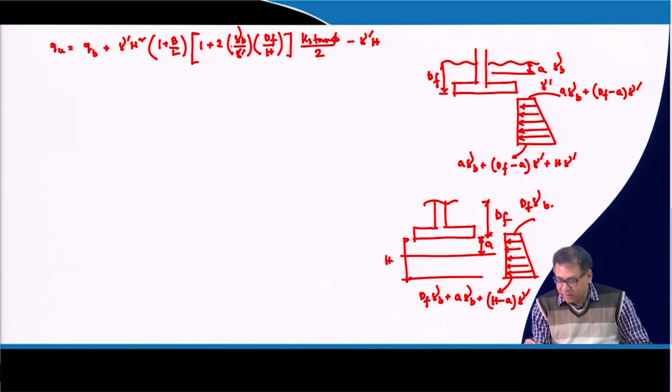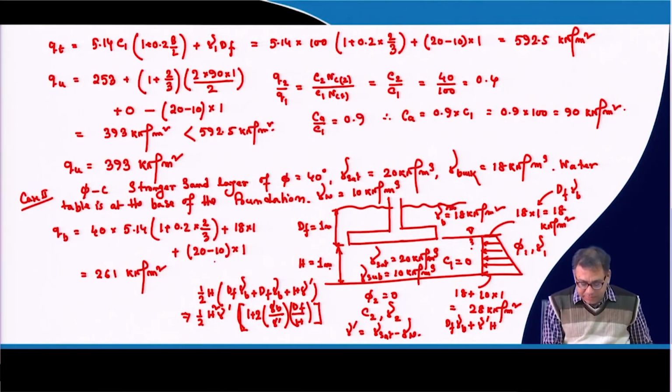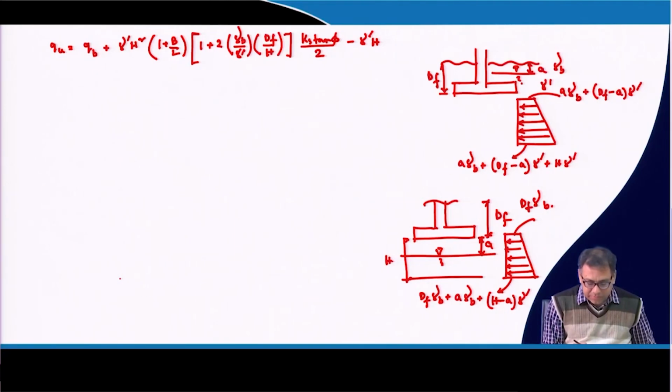Okay. So, now we can calculate this one, gamma df. H is this, this is the water table, and here this is the water table. First we have already calculated the gamma B, which is the clay part, and it is 261 kilonewton per meter square.